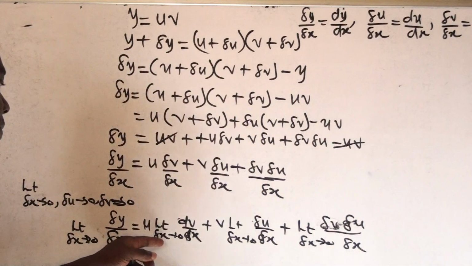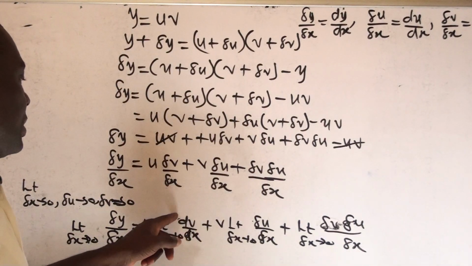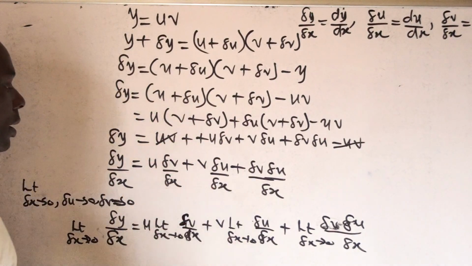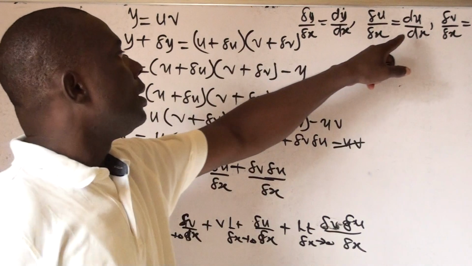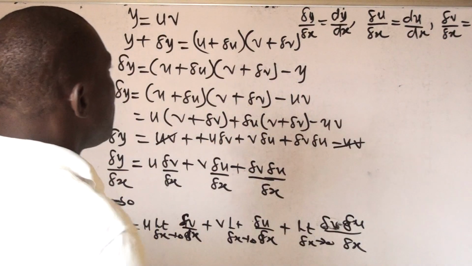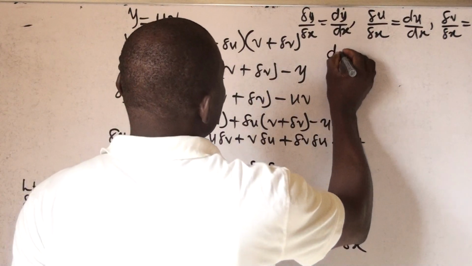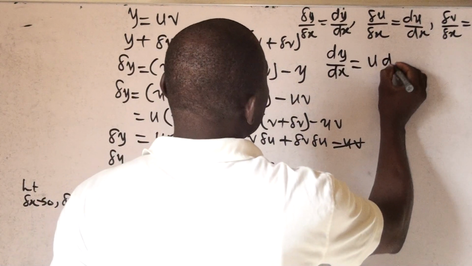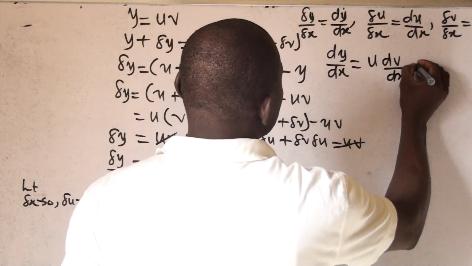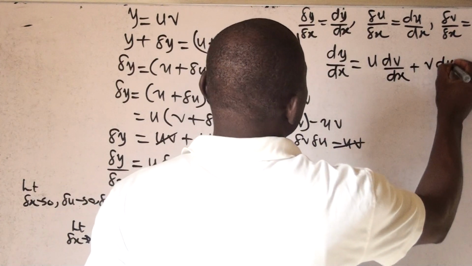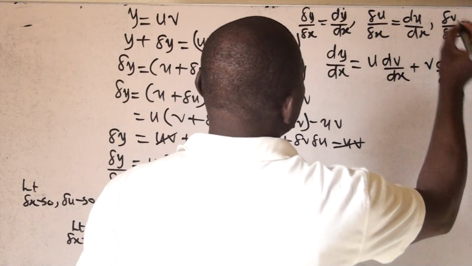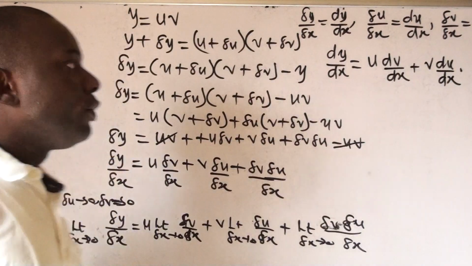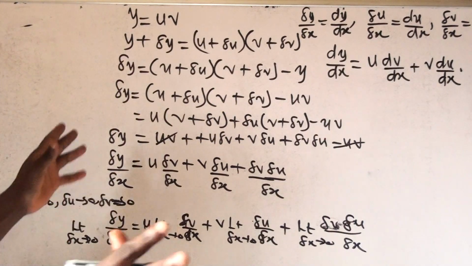As this limit tends to 0, delta v over delta x will tend to dv/dx, so that our dy/dx becomes u dv/dx plus v du/dx. So that is the formula for the product rule. This is how it is derived.